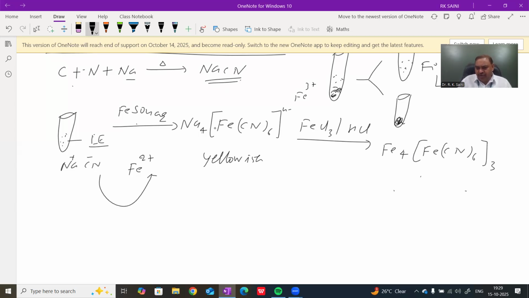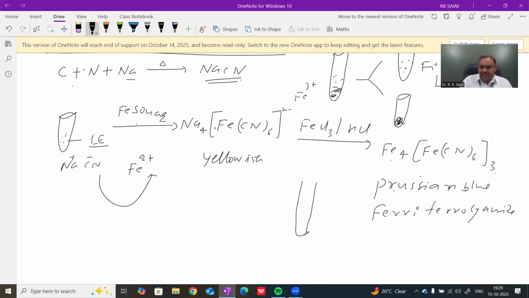This is the valency of ferric and the valency of this complex ion. It is deep blue, commonly known as Prussian blue, or ferric ferrocyanide.